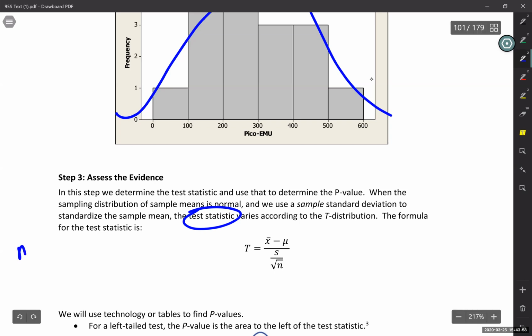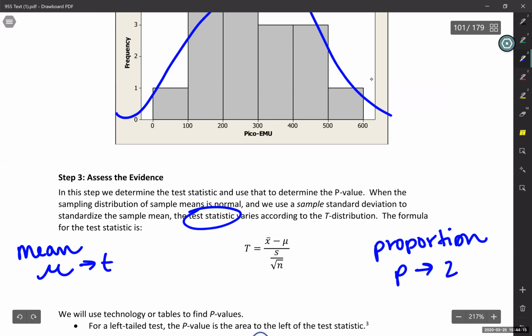So means, which is mu, always goes with t. For later on, we won't do any in this video, but we will do it in the next one. For proportion, we use p, and that is going to be the z test statistic and the z critical value. But we are over here in mean for this example, so that's why we're using t.